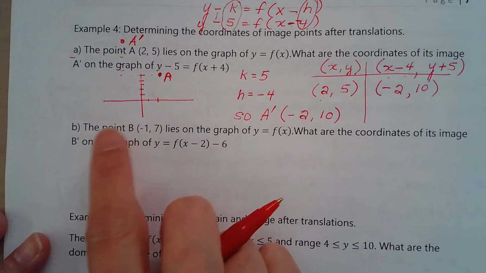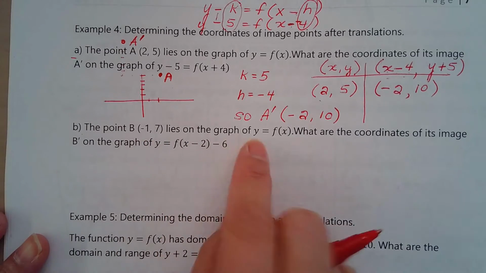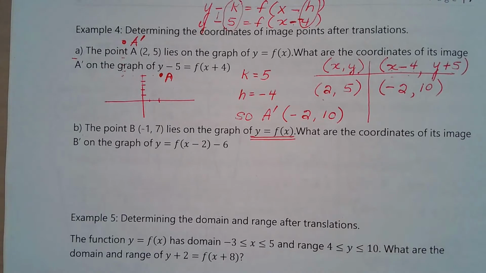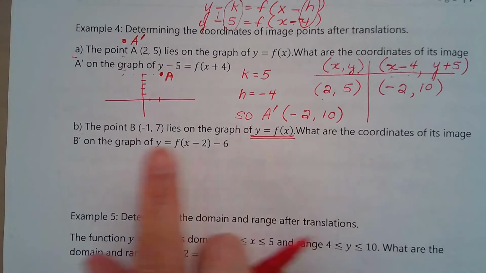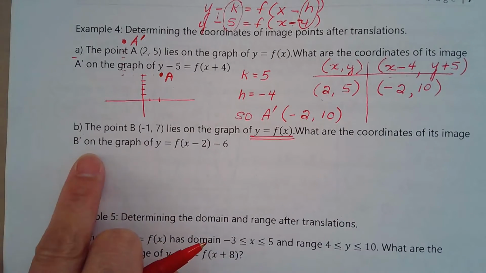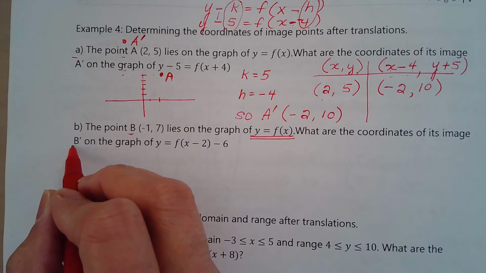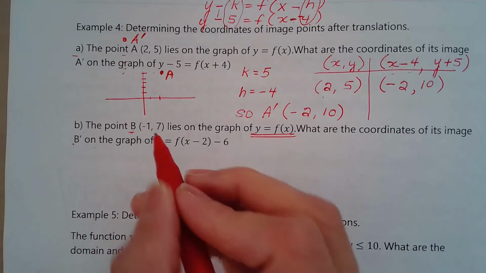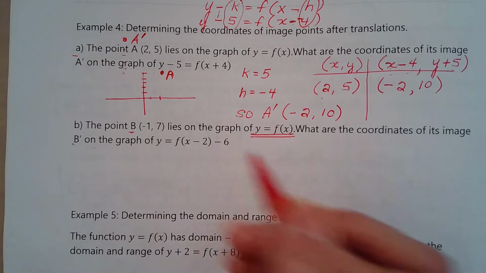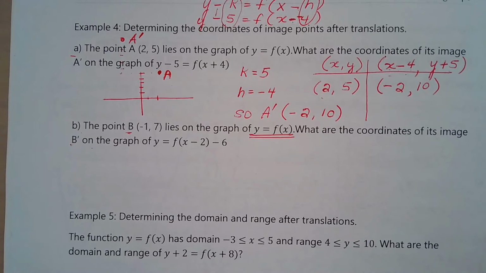Okay, so let's take a look at letter B. The point (negative 1, 7) lies on the graph of this function. We don't know what the function is, but we know there's a point within that function, (negative 1, 7). What are the coordinates of the image B prime? Because we started off with the point B, now it's been translated, it's called B prime, on the graph of y equals f of x minus 2, minus 6. Okay, so what does that mean?